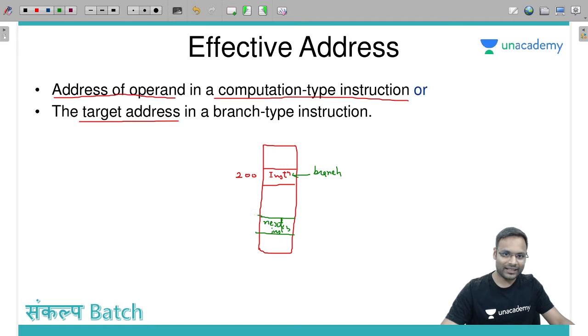And that next instruction is stored at address 210. So once this is executed, after that my system executes this instruction, which means we are jumping from here to here. This 210 is the target address. जहां जंप करना है वो एड्रेस टारगेट एड्रेस.